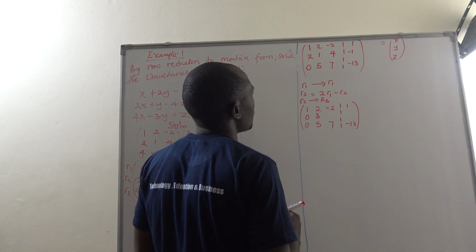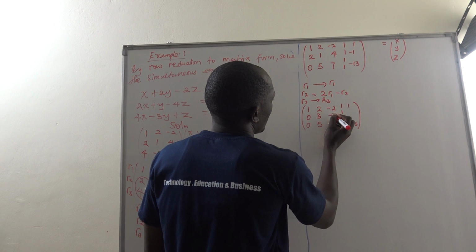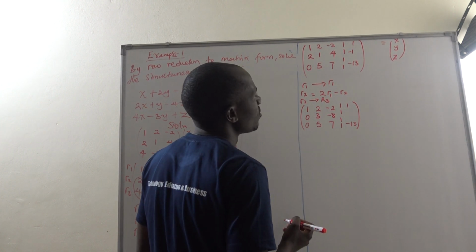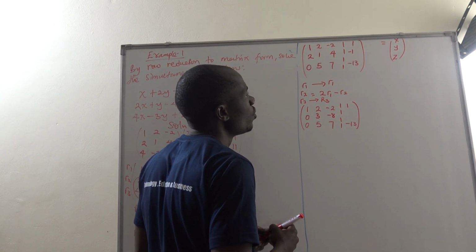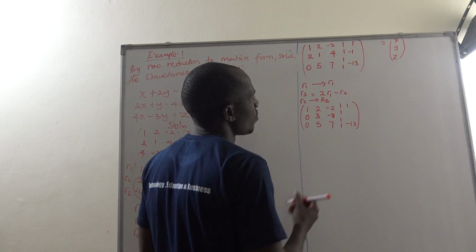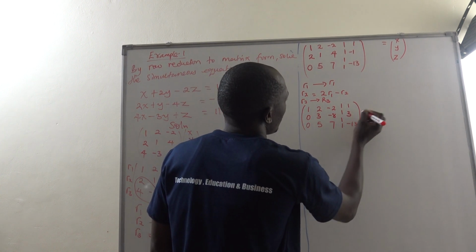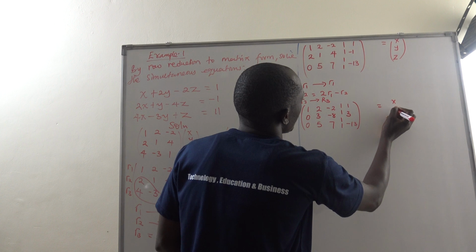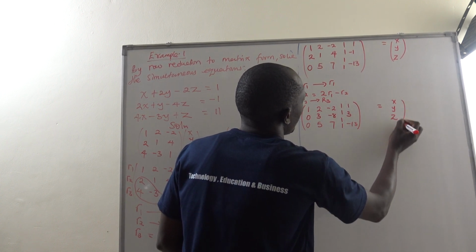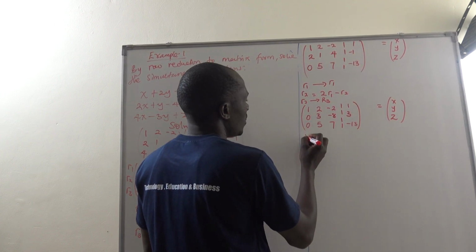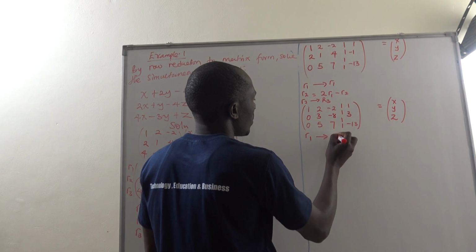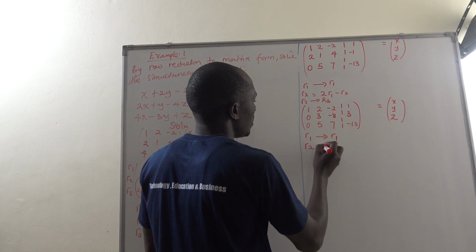Negative 4 minus a 4, you are coming out with negative 8. 2 times a 1, it is a 2, minus 1, you come out with a 3, which is equal to x, y, z.